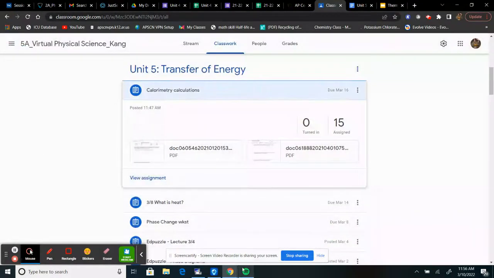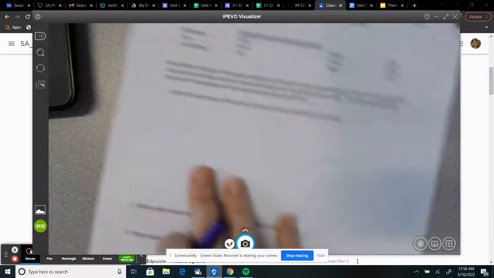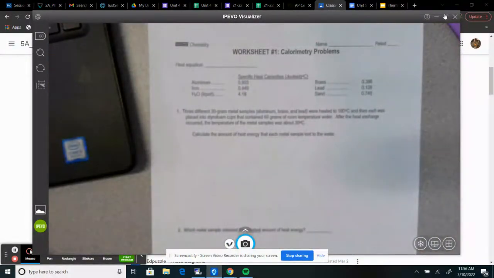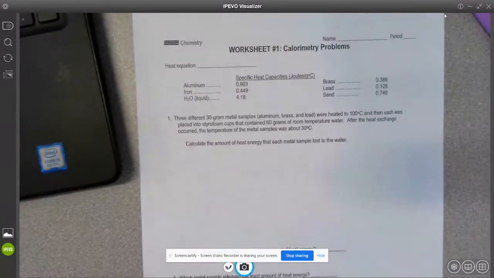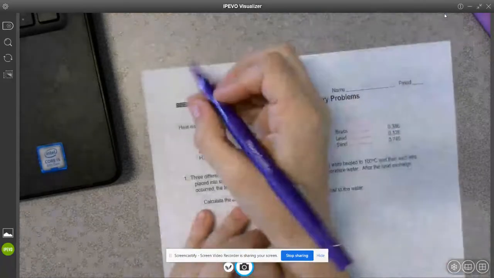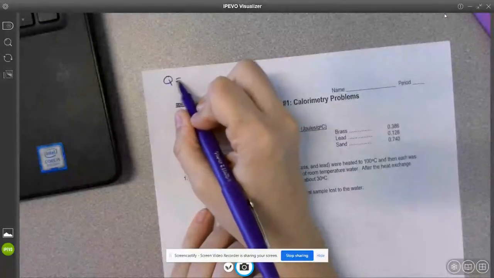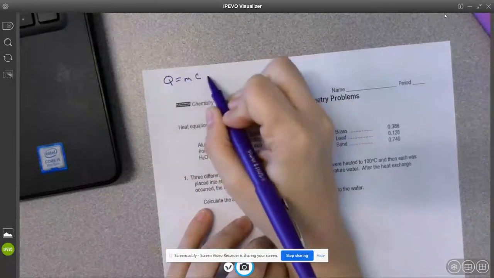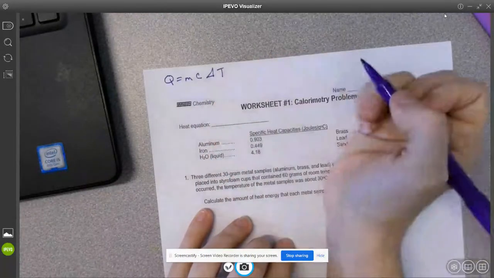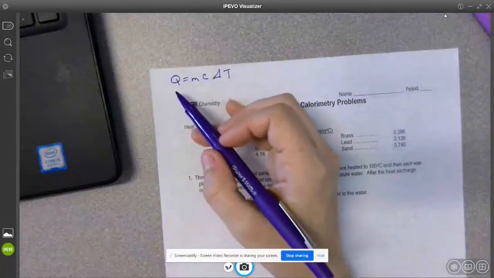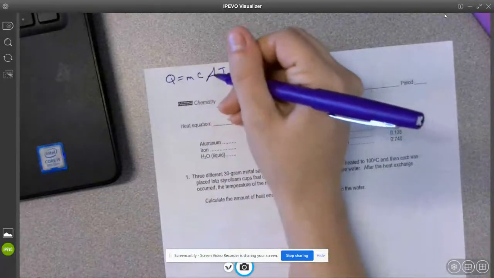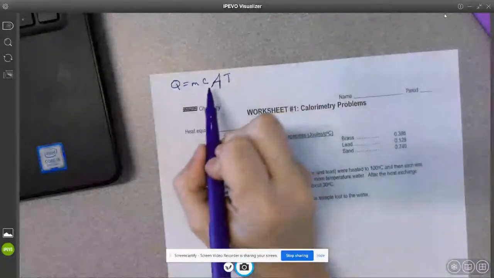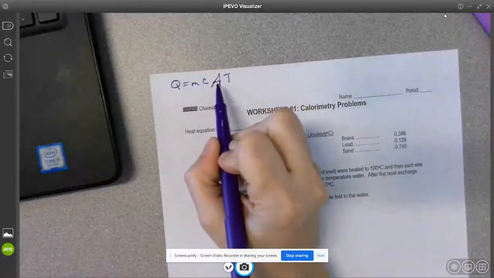So let's go ahead, close out of this, and bring up our document camera. And let's write out our formula again. Q equals MC delta T. This is where we call it Q equals MCAT, because the triangle, the delta, pretends it has legs, and so it has an A now.